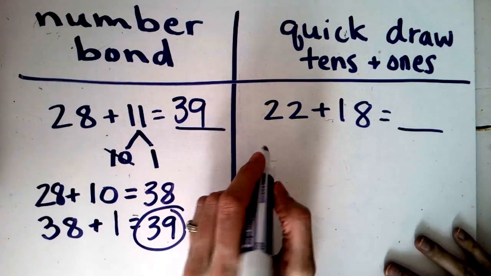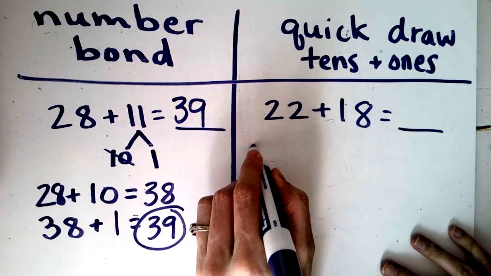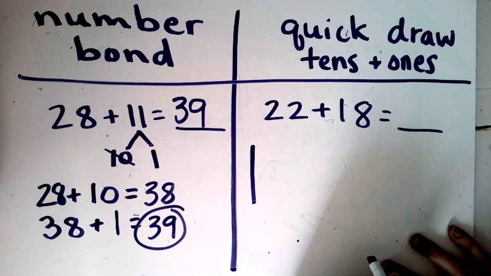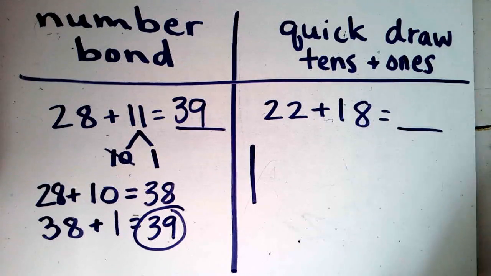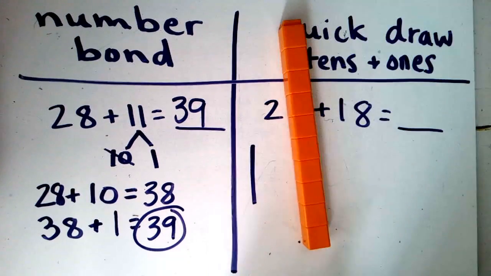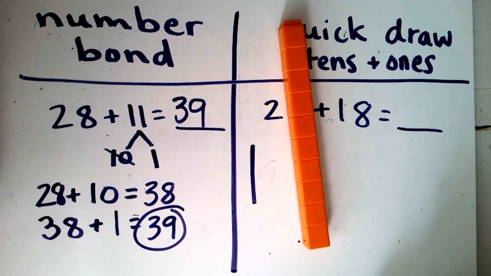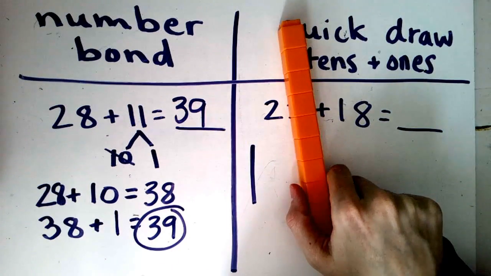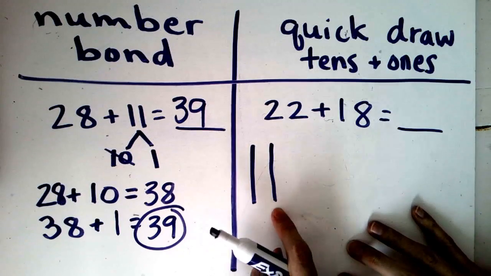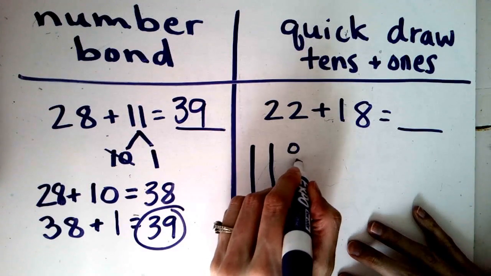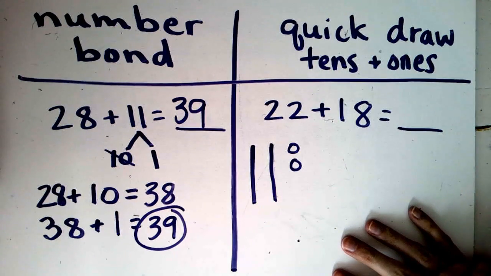I have 22. That means 2 10s. Remember, a 10 is like this, a straight line down. It represents 1 row of 10 cubes. That's what this line represents, okay? So we need 2 10s, 10, 20, and 2 1s, 21, 22.